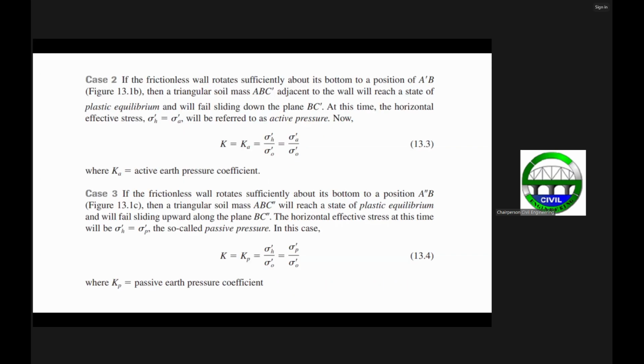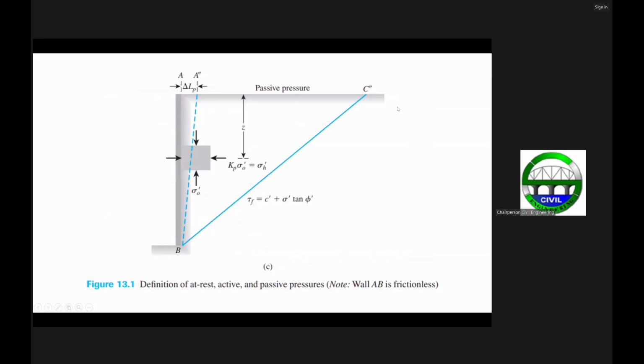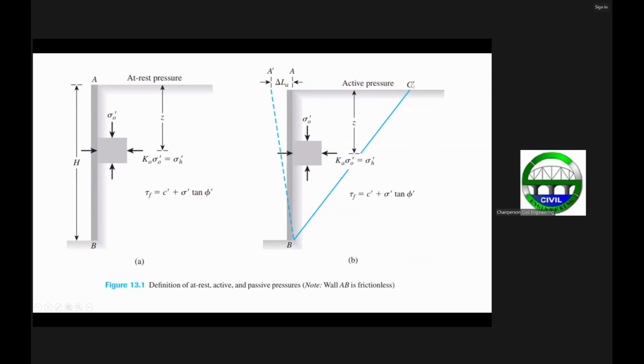So in this case, a triangular soil mass, A, B, C double prime, will reach a state of plastic equilibrium and will slide upward. So this time the soil will slide upward along the plane BC double prime. Earlier, the soil would move downwards, because the wall was moving away from the soil.